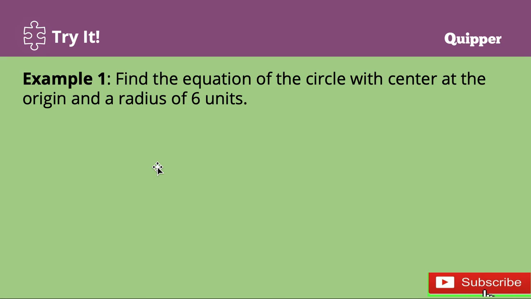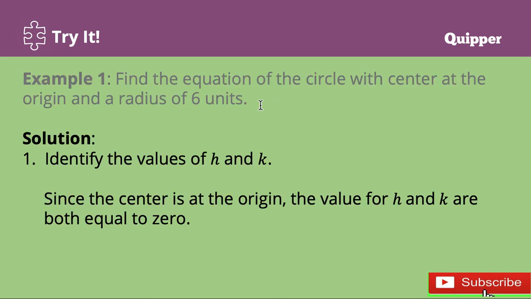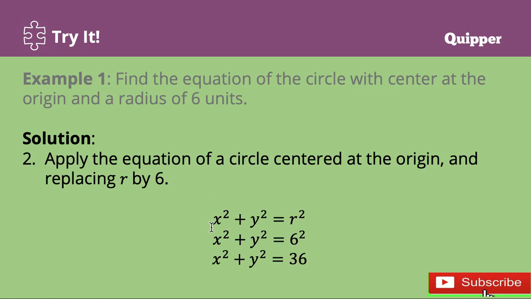Let's try some examples about the equation of a circle. Number 1, find the equation of the circle with center at the origin and a radius of 6 units. To solve this, we have to identify the values of h and k. Since the center is at the origin, the values for h and k are both equal to 0. So we apply the equation of a circle centered at the origin, replacing the radius r by 6.